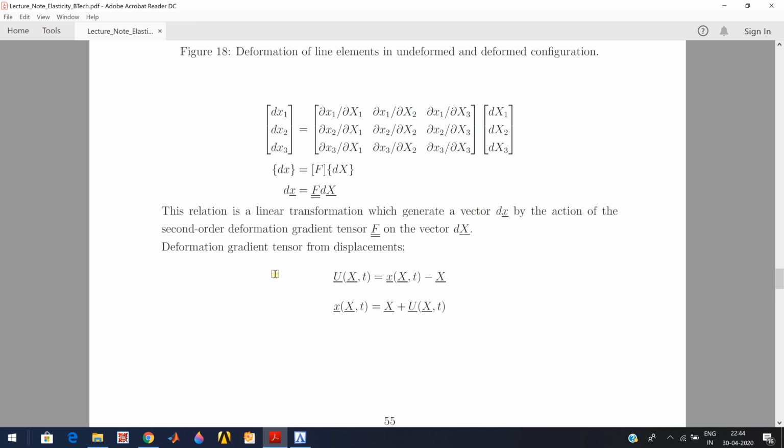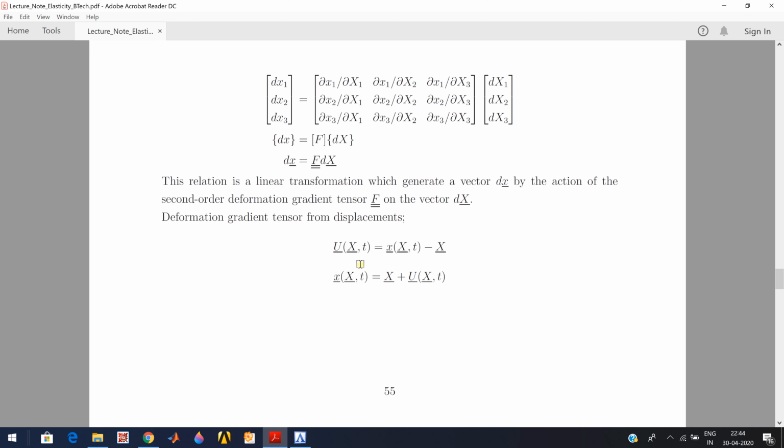Okay, so now we'll see what is the relation between the deformation gradient tensor and the displacement gradient tensor. Actually, we'll get one new term here by simply using this small mathematics. So capital U is already described.